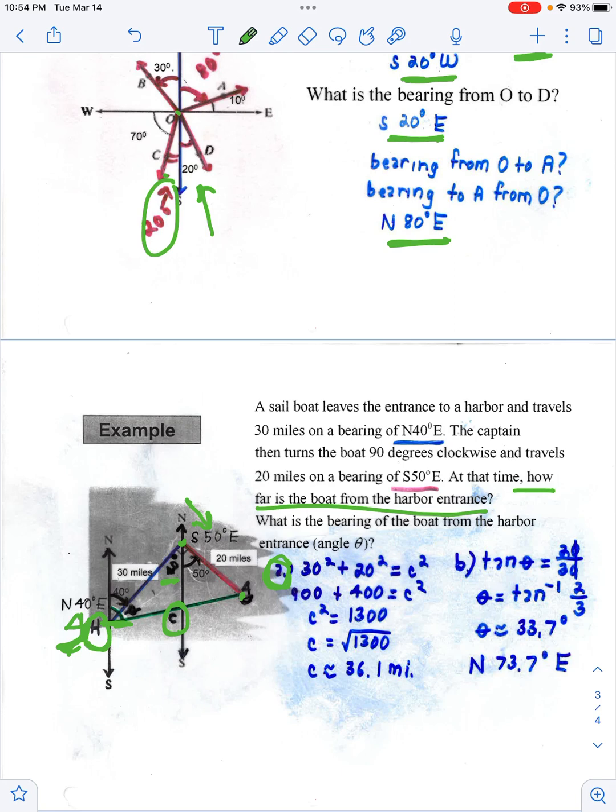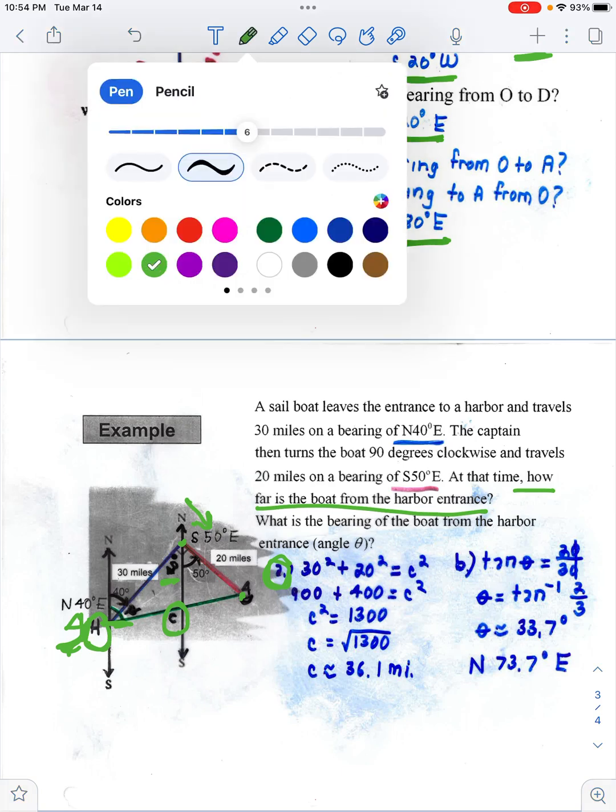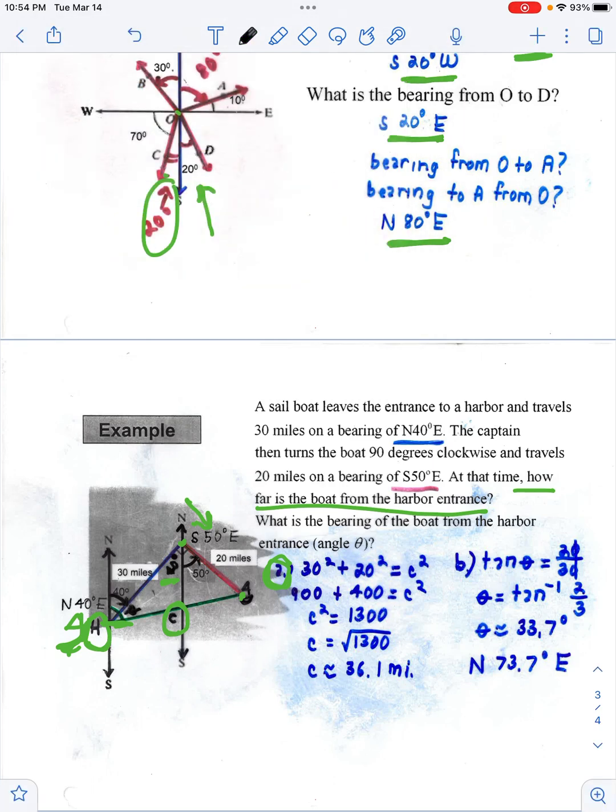How about the second question? Well, the second question says, and I'm going to change to black, what is the bearing of the boat from the entrance? Now, the bearing of the boat from the entrance is the angle formed with the north-south line and the line that is connecting the harbor to the boat.